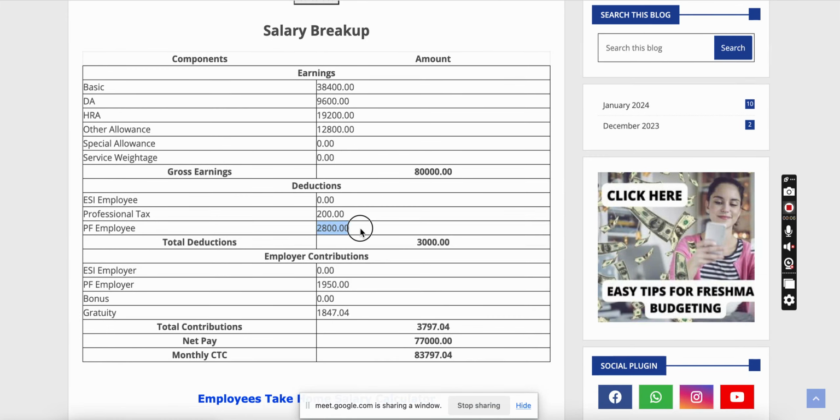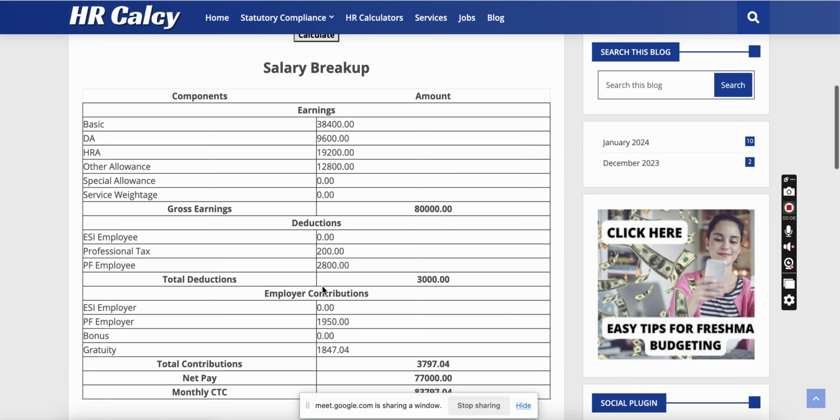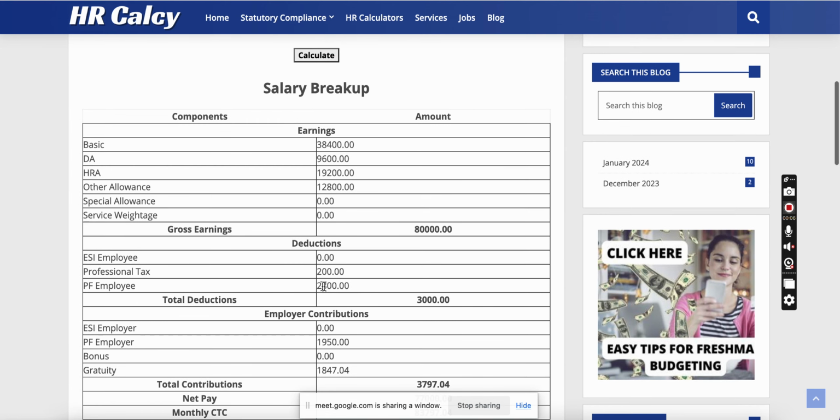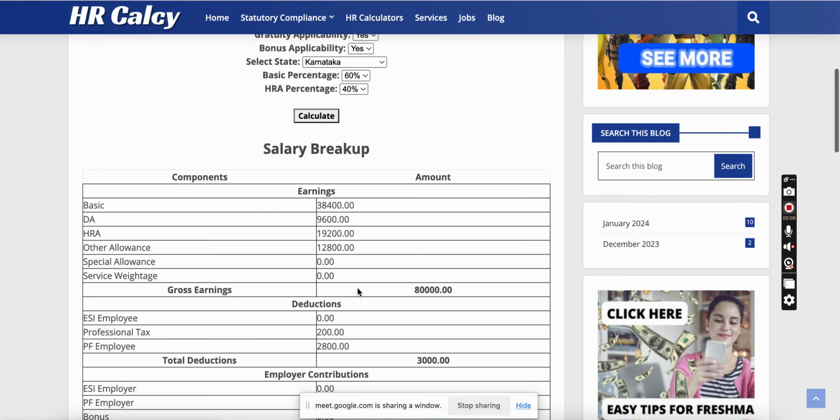See, the PF deduction becomes 2,800. But it has not changed for the employer, because the employer will not contribute more. It is your income, you want to contribute more PF, so you can choose whatever. Employer PF will remain the same. Employer is not willing to pay extra, but the employee can pay extra PF as a voluntary contributor and save the income tax.